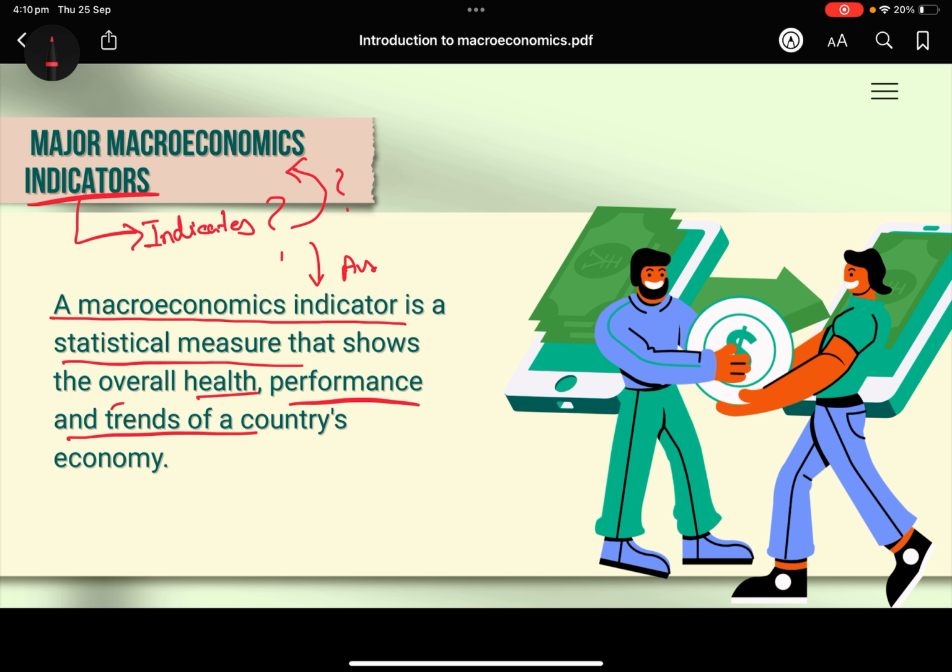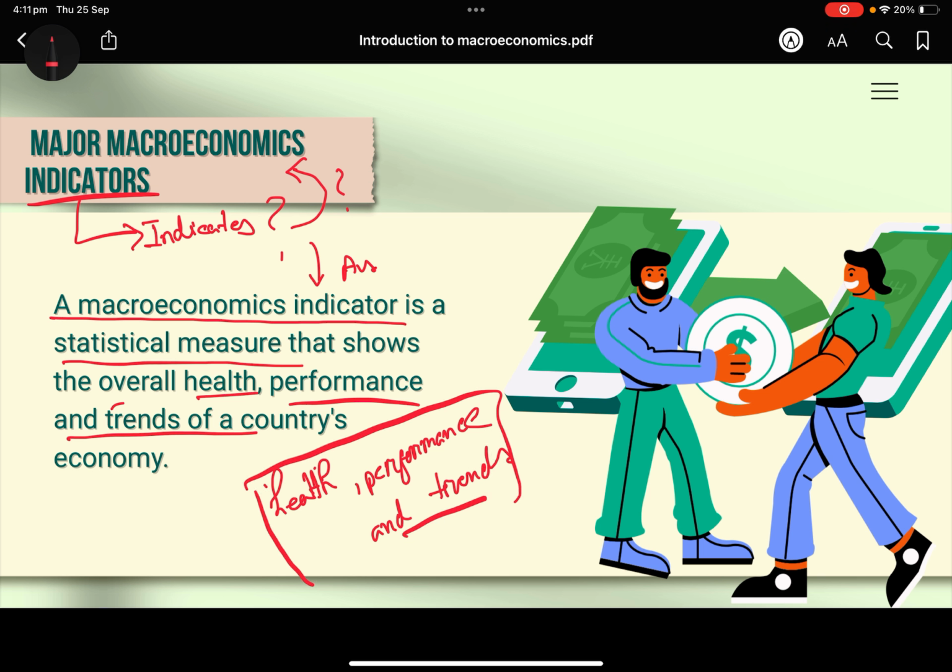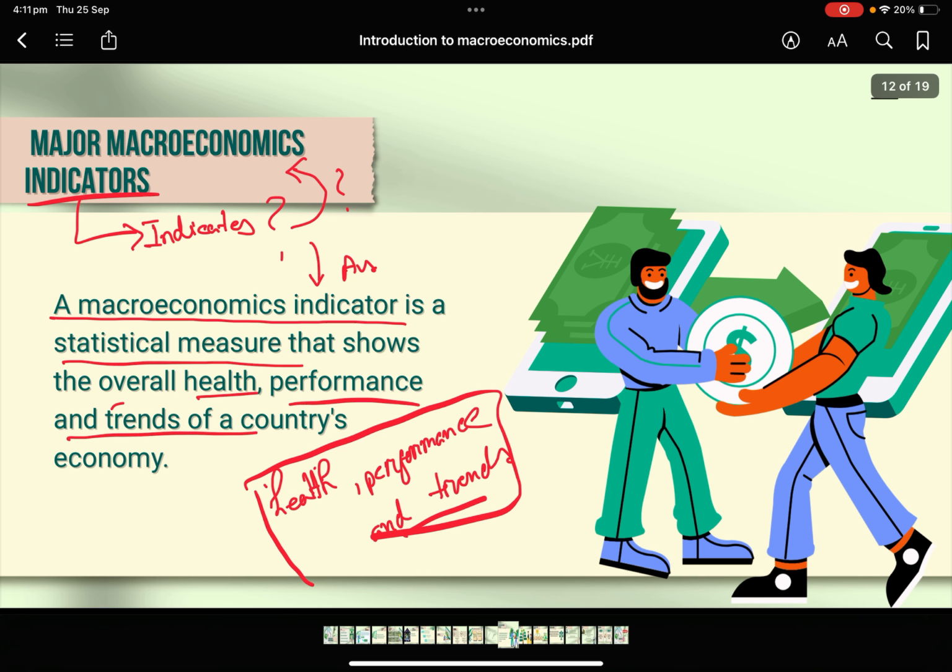So the question was what a macroeconomic indicator indicates. The answer is the health, performance, and trends of the economy.